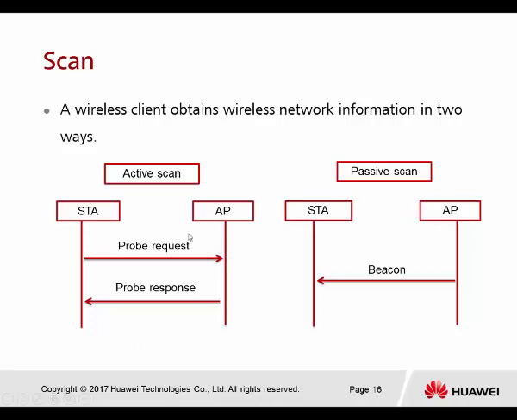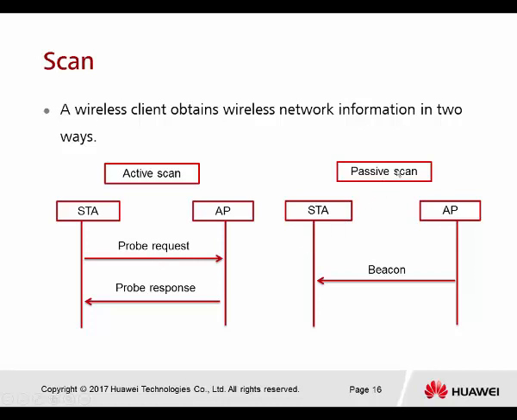As long as there is any AP within my coverage area that can provide wireless services and has an SSID, the AP will reply with a probe response. This is the reason why we can check the SSIDs on our device. You can see so many SSIDs on different channels because once you turn on Wi-Fi, your device will send probe requests, and keep sending non-stop.